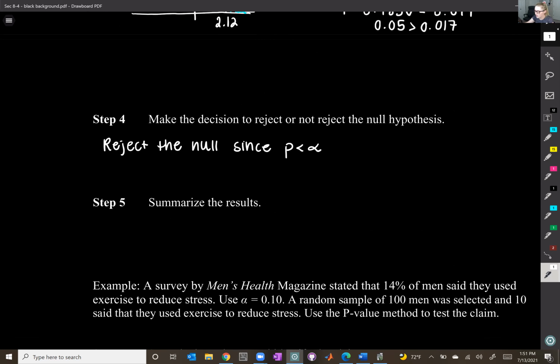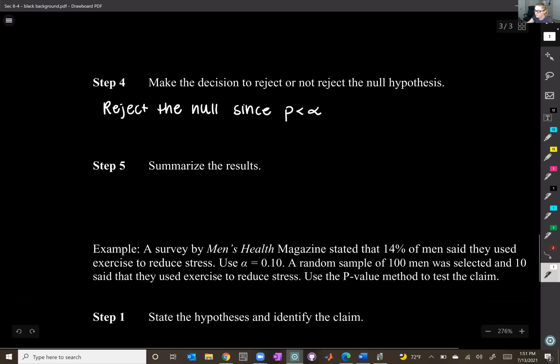All right, and then lastly, we always write a nice little closing sentence that summarizes the results of being able to reject or not reject the null.